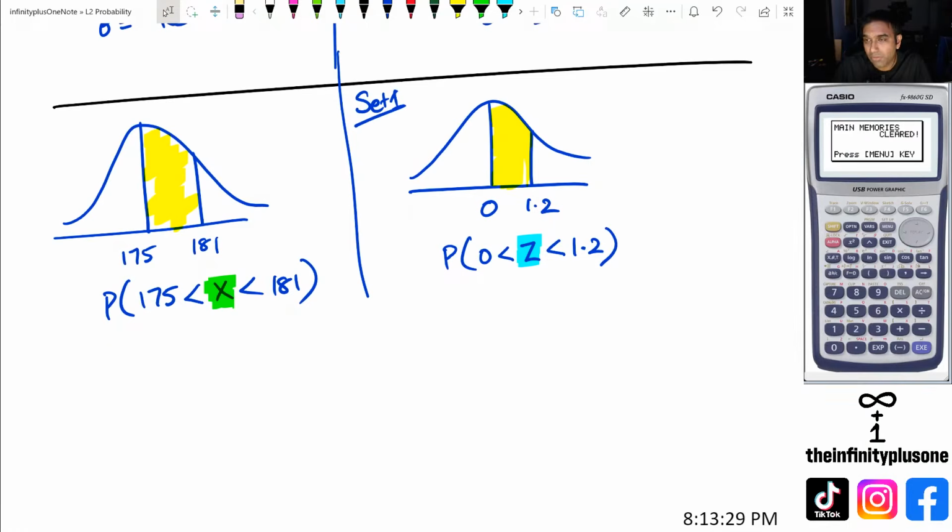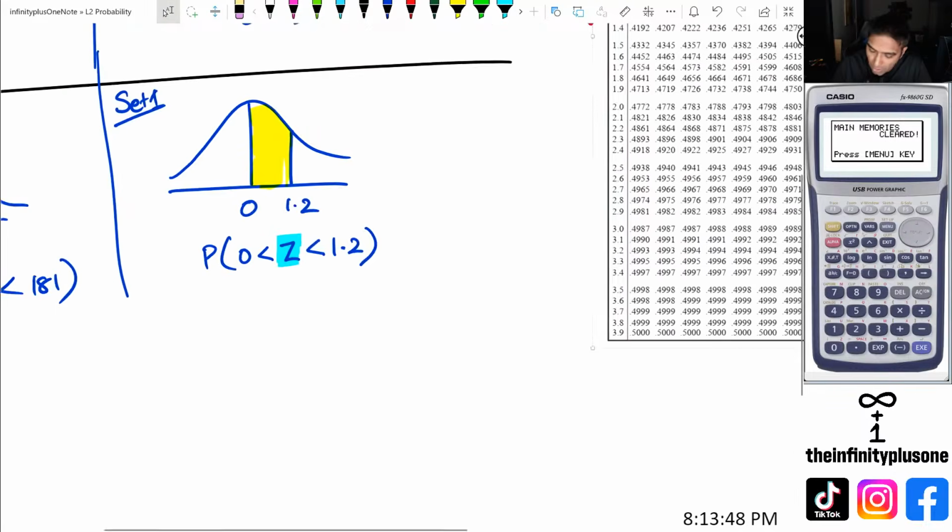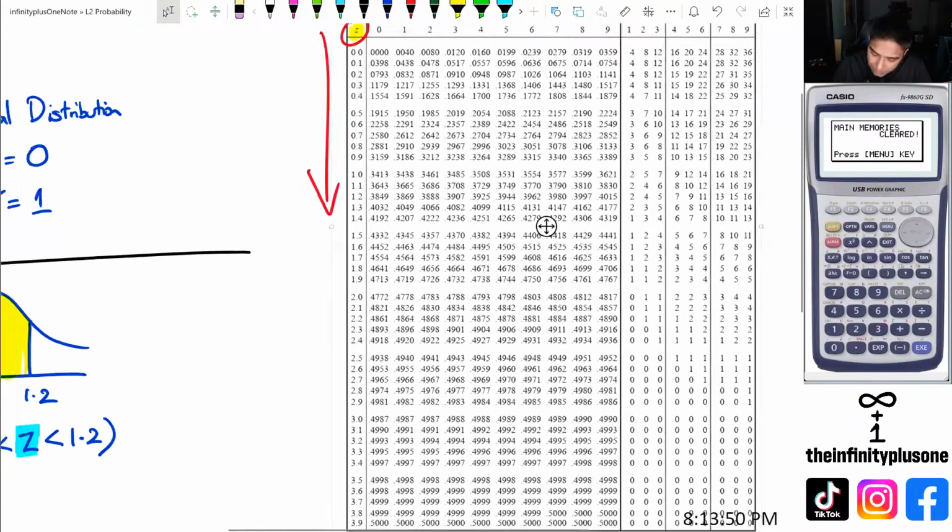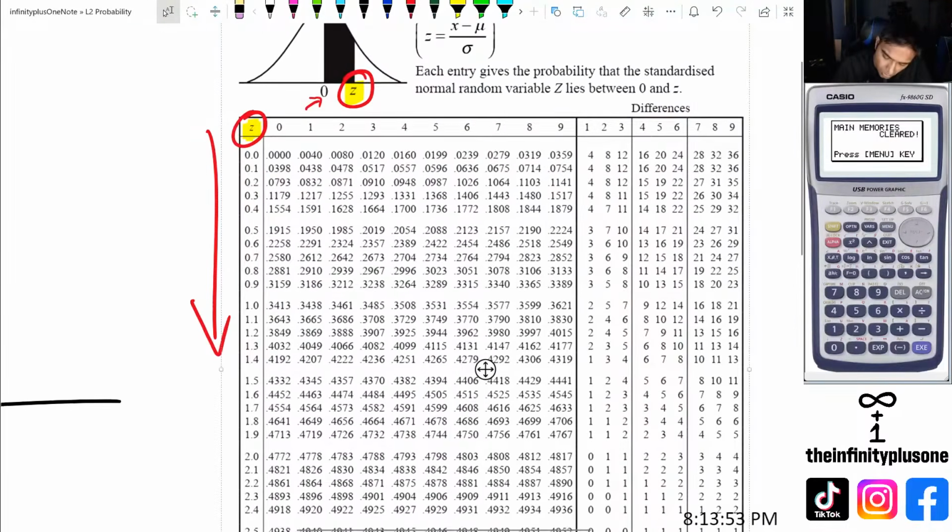On the real side, I can't actually put in 175 or 181 on the probability table. But what I can put is 0 to 1.2. And again, these are two completely separate examples. If I want to find the probability between 0 and 1.2, I go to the table and go along this line until I get to 1.20.